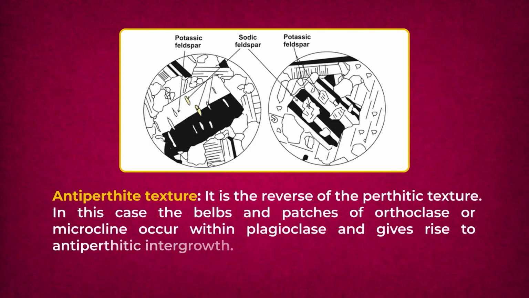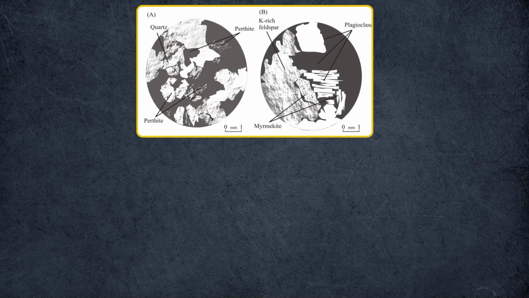But there is another variety called antiperthitic texture. In this case, it is the reverse of the perthitic texture. In this case, the blebs and patches of orthoclase or microcline occur with plagioclase and give rise to antiperthitic intergrowth. I would like to show you this texture with the help of a thin section.